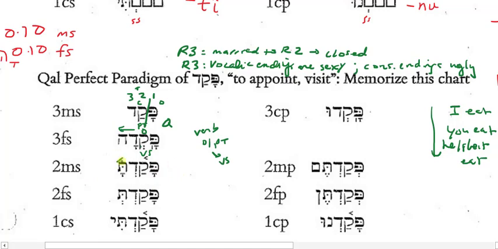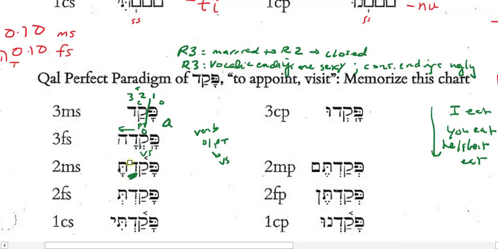Let's talk about the second masculine singular form. If for a minute I just get rid of the ending here and say, okay, remember, always start with the third masculine singular vowel pointing. I have pakad here. I want to say you did it. I add ta to the end. Is ta a consonantal or a vocalic ending? Okay, ta is consonantal.